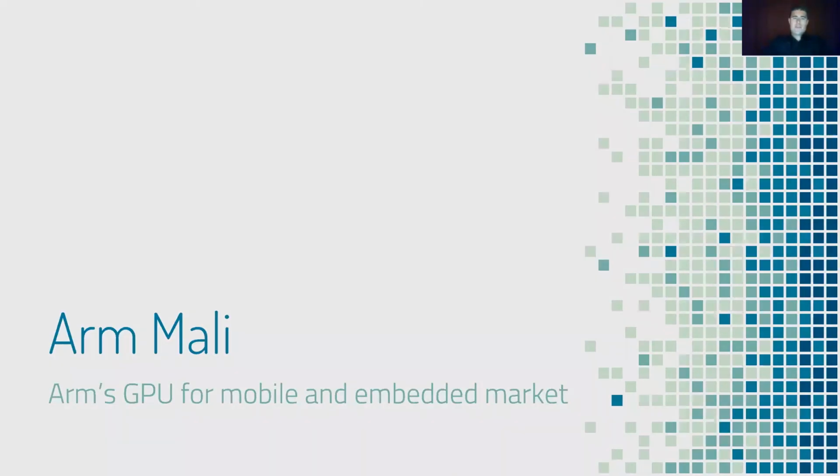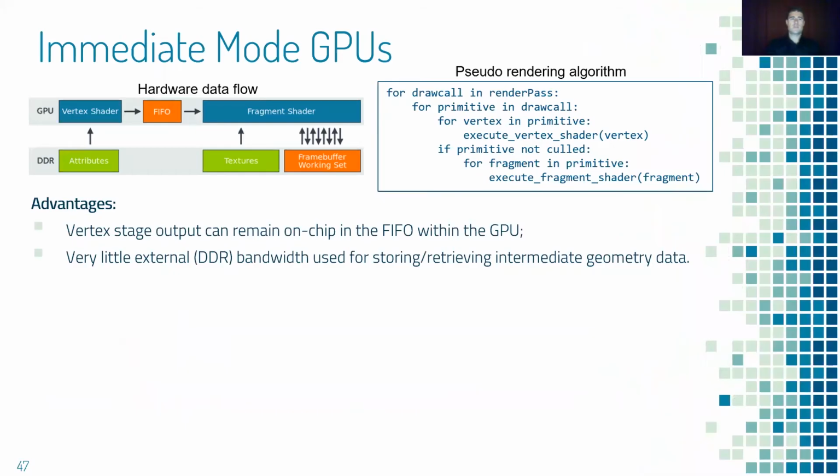So very quickly, desktop GPUs. Their architecture is what we call immediate mode GPU architecture. The way that works is that geometry, transformed by the vertex shaders, is stored in a FIFO within the GPU. You can see that on the diagram on the left side of the slide.